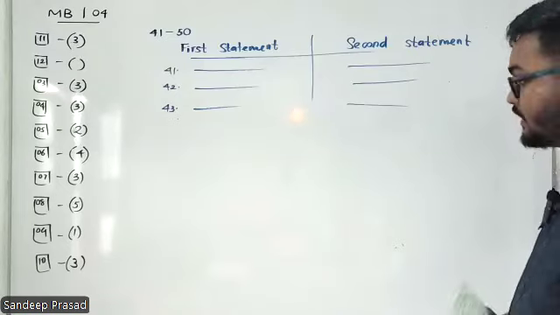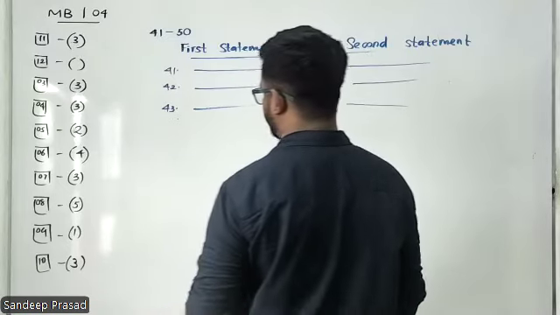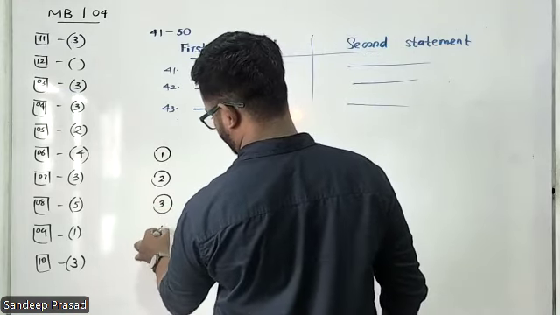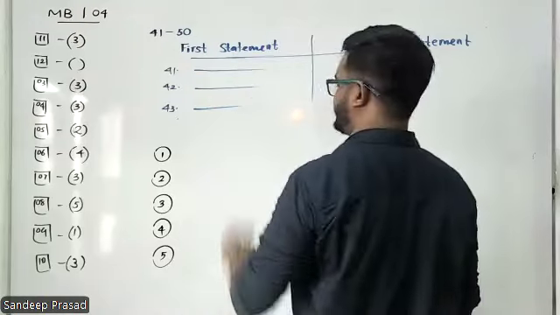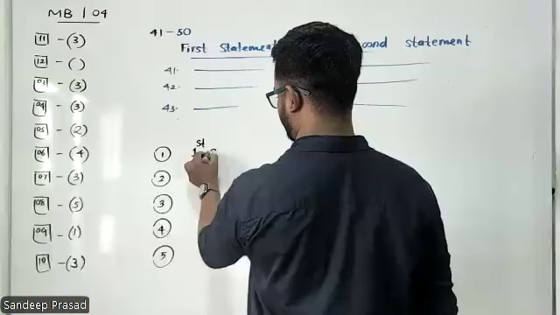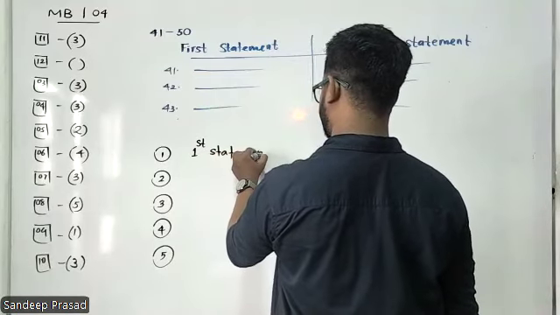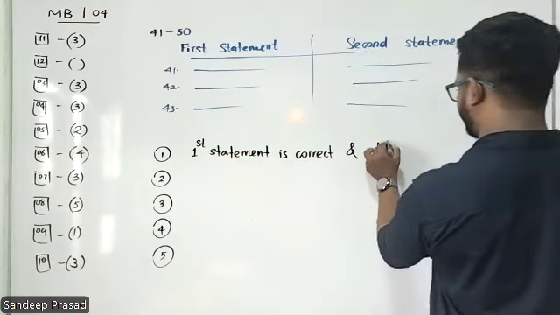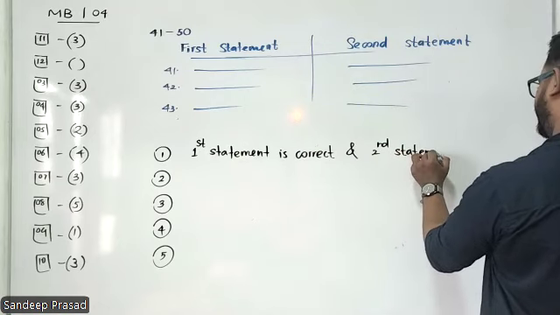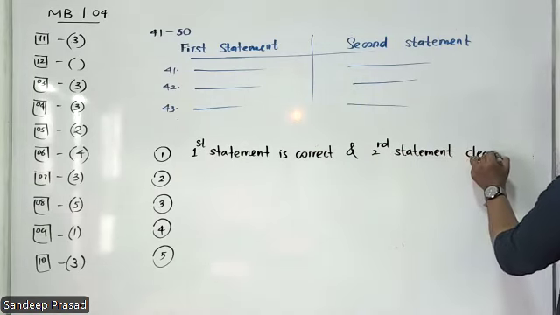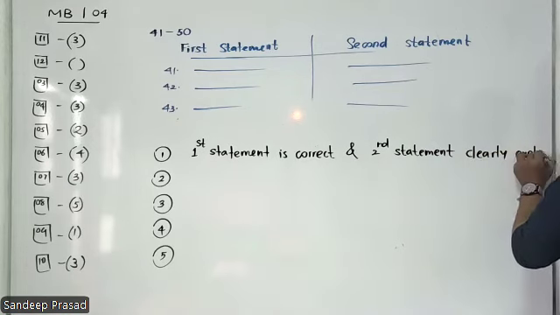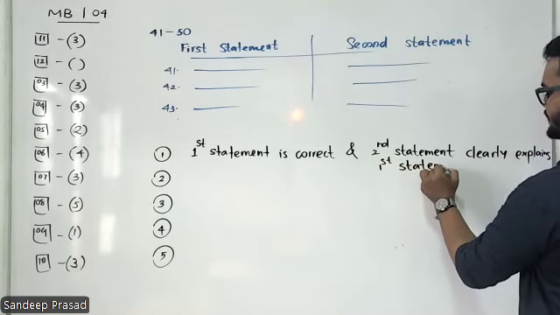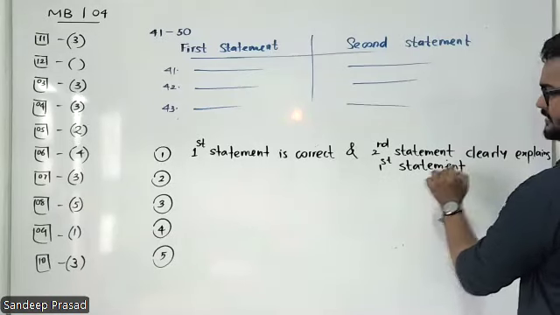First of all, if you want to choose the answer as number 1, the first statement is correct, and the second statement clearly explains the first statement, then we have to choose the answer as number 1.